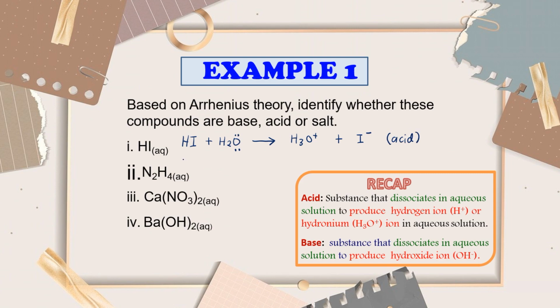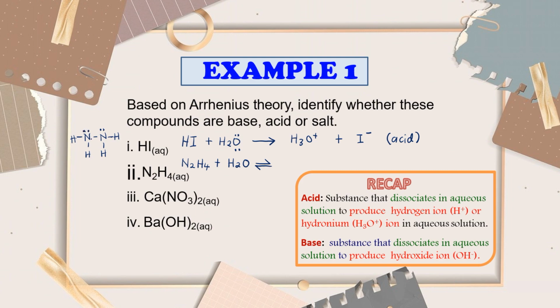Next, N2H4. When N2H4 dissociates in water, actually this is a weak base. In the structure of N2H4, we have two central nitrogen atoms, and on each nitrogen atom we have a lone pair.